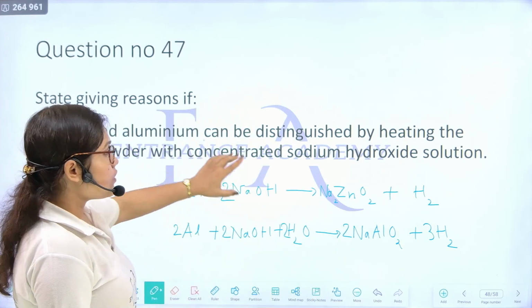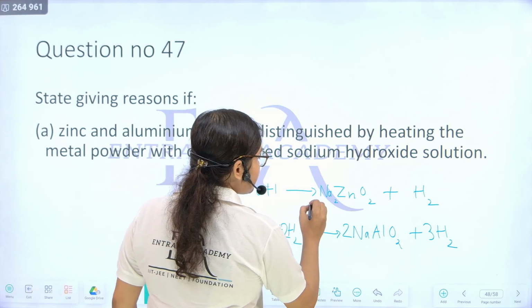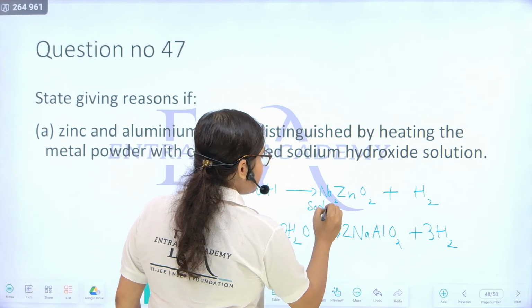Zinc and aluminium can't be distinguished.